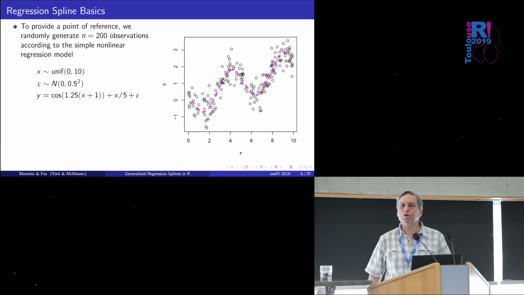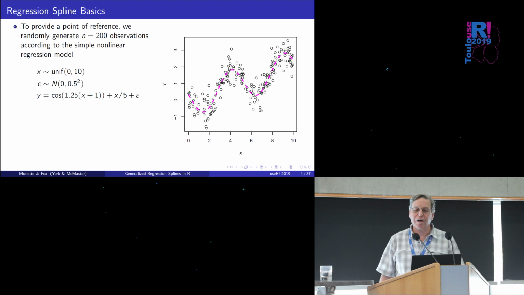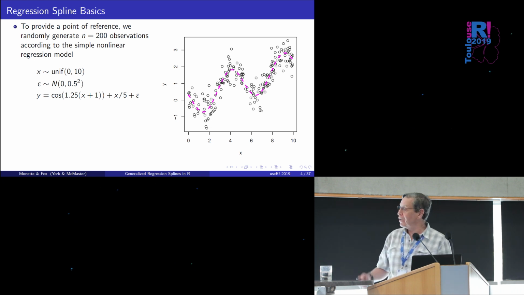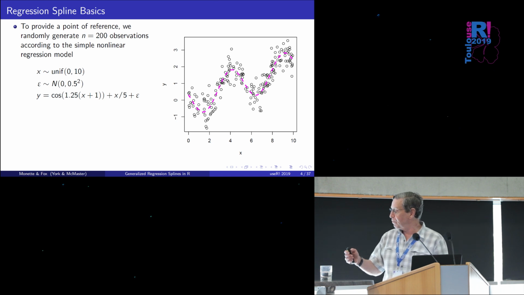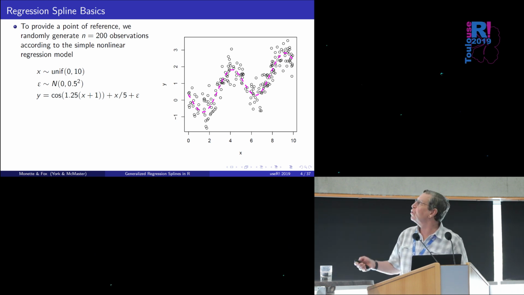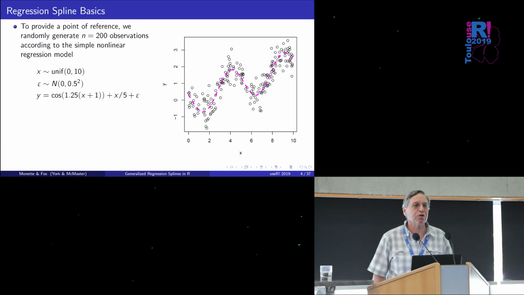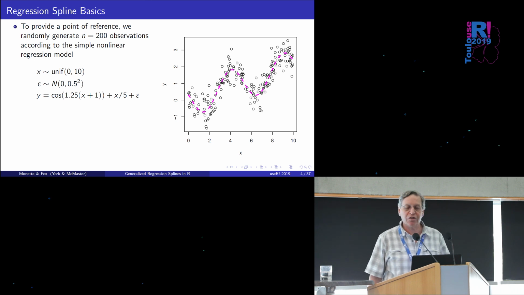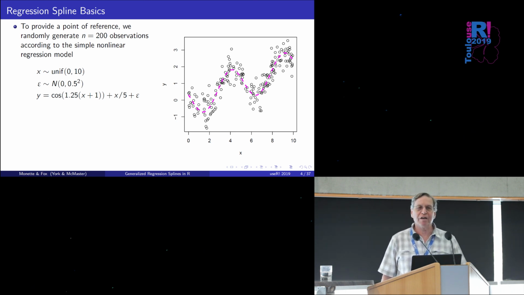Okay, so to have a point of reference to create a simple example, I've generated some data where the explanatory variable x is sampled from a uniform distribution between 0 and 10, and where random errors are sampled from a normal distribution with a mean of 0 and a standard deviation of 0.5.